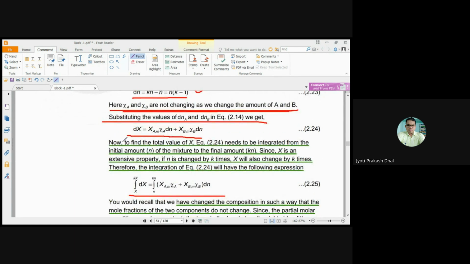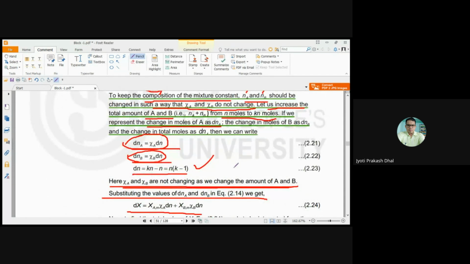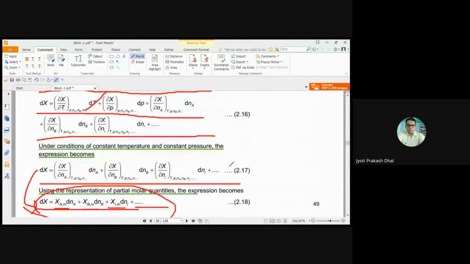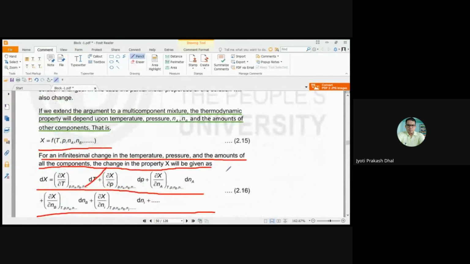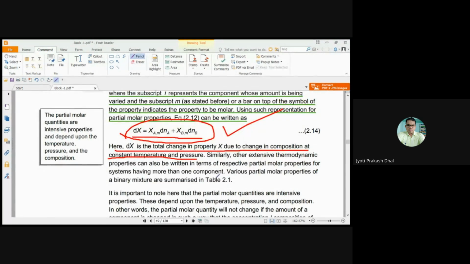And if we substitute the value of dnA and dnB in equation 2.14, this is the equation 2.14 for a binary solution, because we have already discussed that dX equals XA-bar dnA plus XB-bar dnB, and this equation was derived at constant temperature and constant pressure.